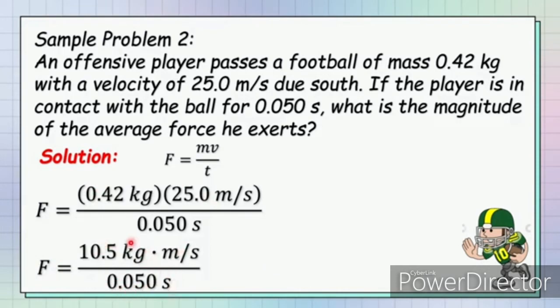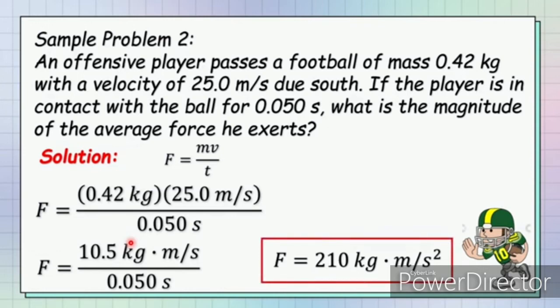Dividing these, the quotient will be 210 kilogram meter per second squared. And this is our final answer. And that is how you solve this kind of problem.